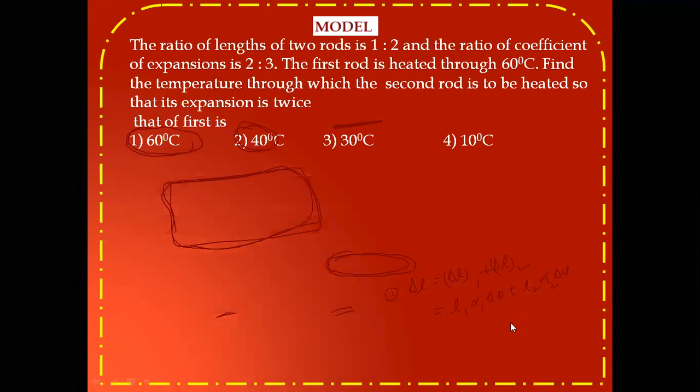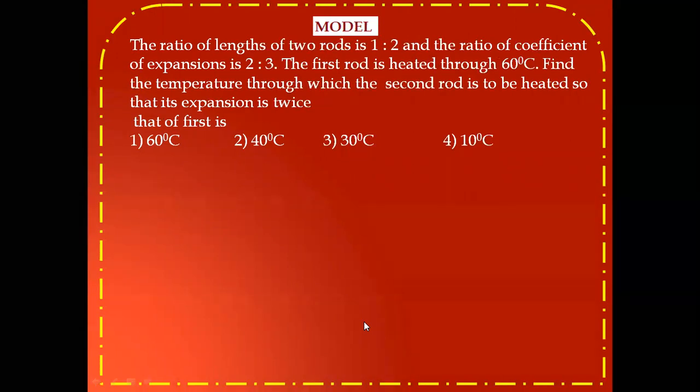Now see this question. The ratio of lengths of the two rods is 1 is to 2, they give. So what is the information they give?